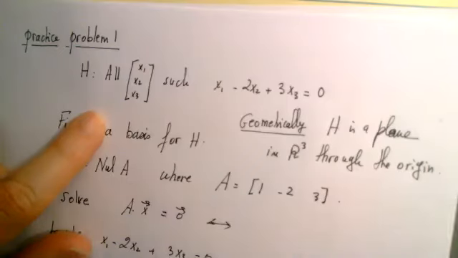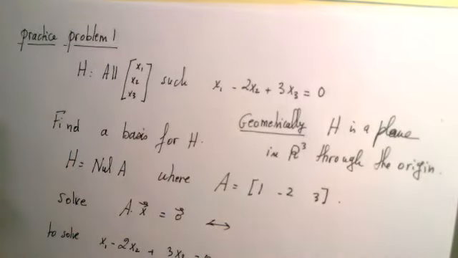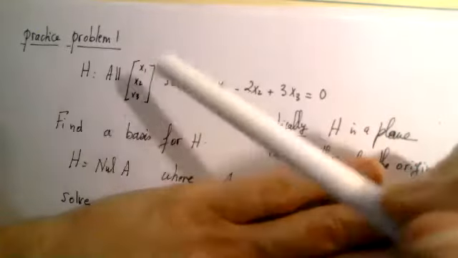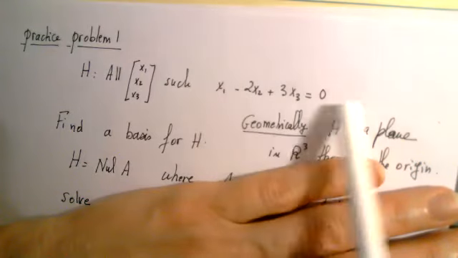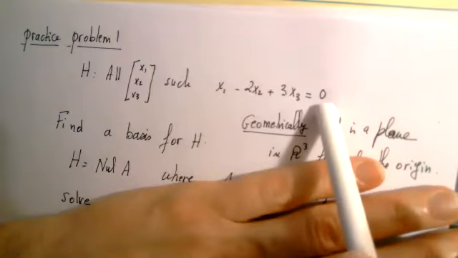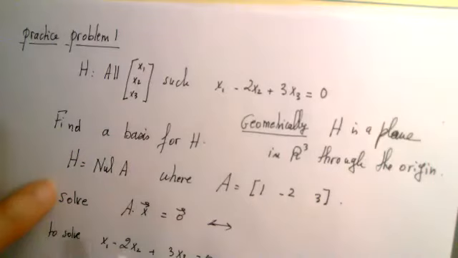Now, by now, I think all of you have done the basics of calculus 3. And geometrically, this is what? If I call this x, y, z, then x minus 2y plus 3z equals 0. That's exactly the equation of a plane that goes through the origin. So this is absolutely a plane that goes through the origin.